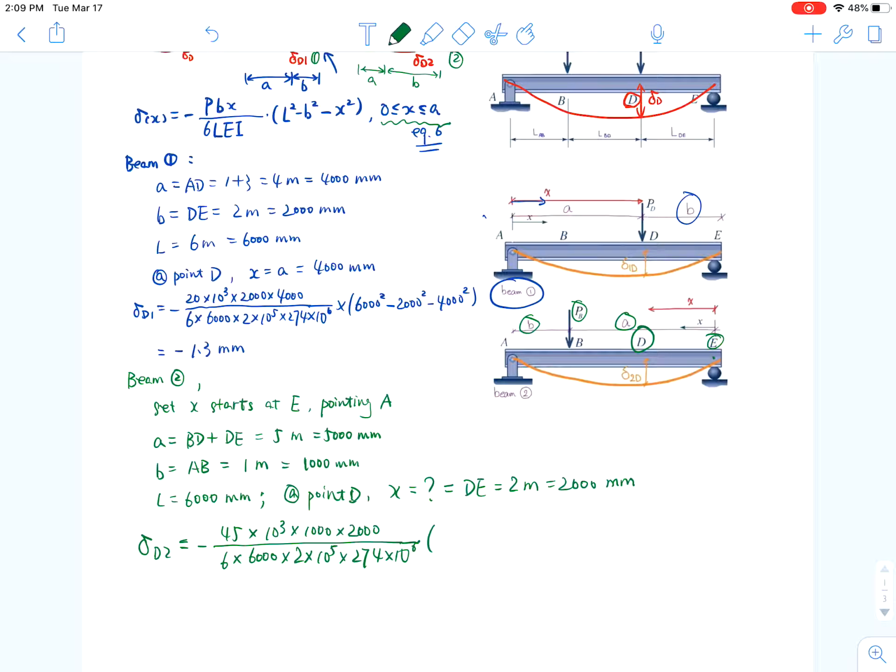Then here you will have L square, that is 6,000 square, minus B square, B is 1,000, minus X square, that's 2,000. Here you will have negative 1.41 millimeter.